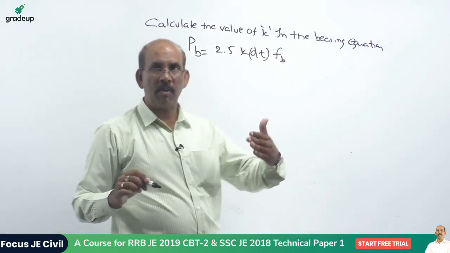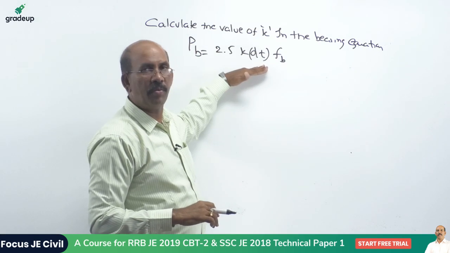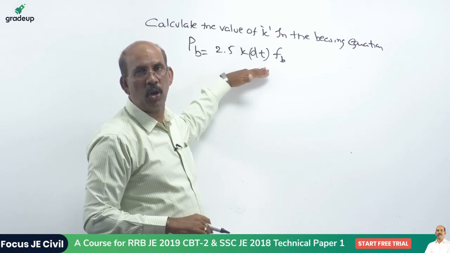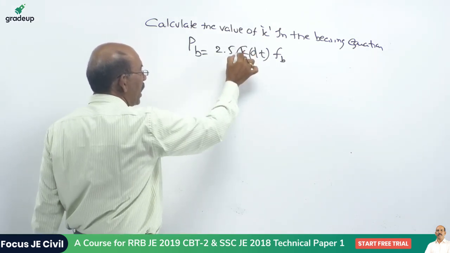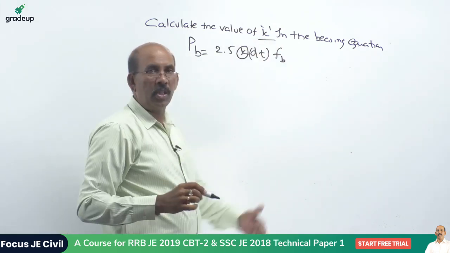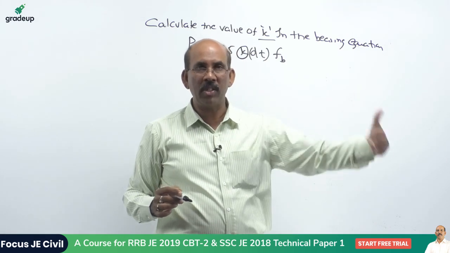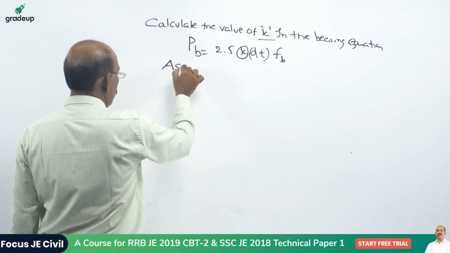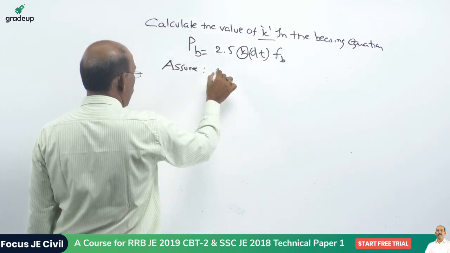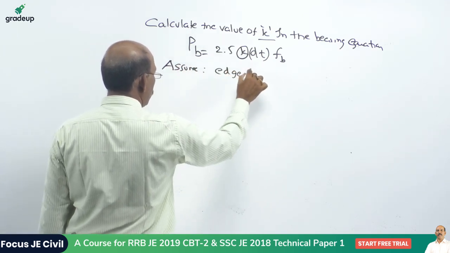This is the equation for computation of strength of a joint or bolt with reference to the bearing. So this particular value K has to be calculated, based on some information. Assume the edge distance.